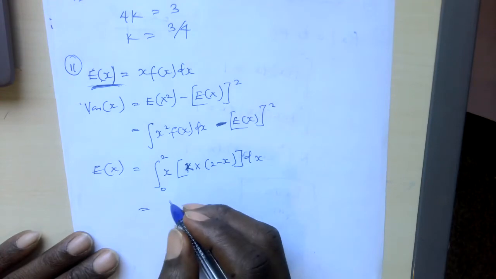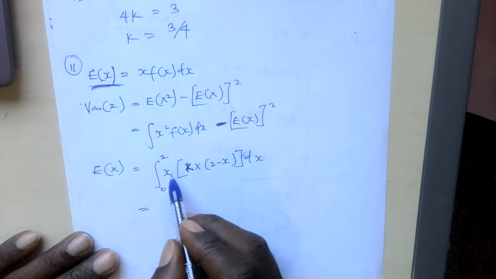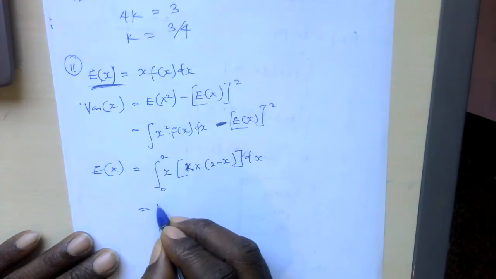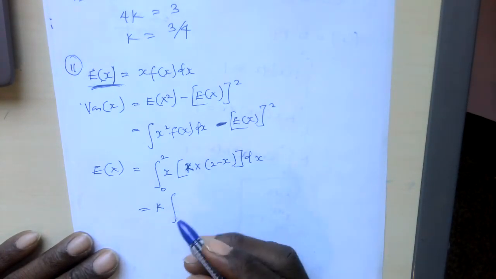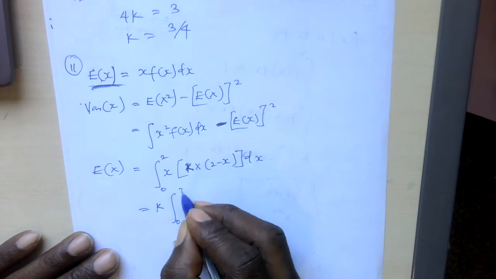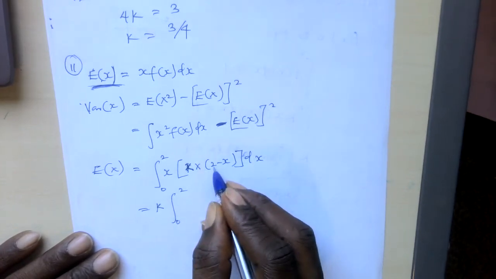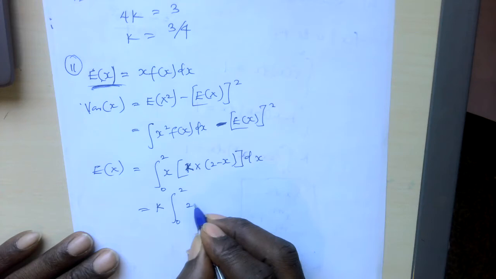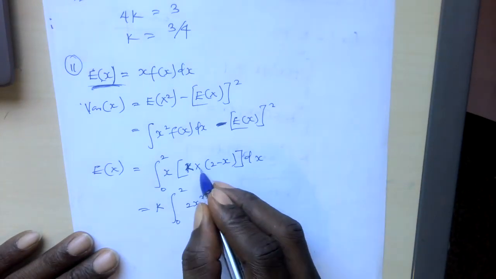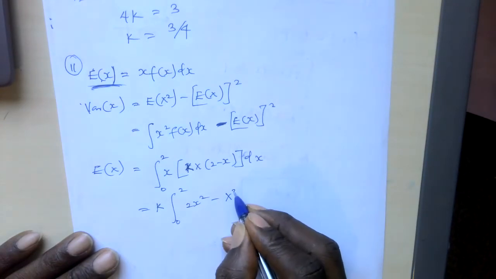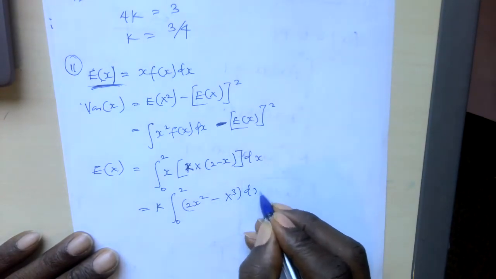Just like what we did before, but this time around, you multiply it through by x. So you have k outside, because it's the constant, and we know what our constant is from what we did before. From 0 to 2, x times x times 2 gives 2x squared, then minus x times x times x, we have x cubed, dx.